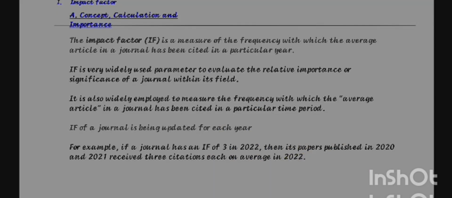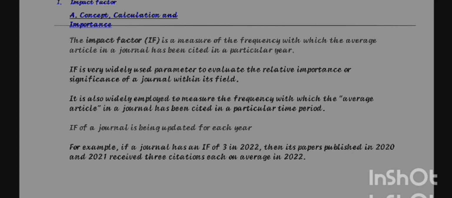So first of all, what is impact factor? It is a measure of the frequency with which the average article in a journal has been cited. How many times an article in a journal is cited in that particular year is the impact factor.